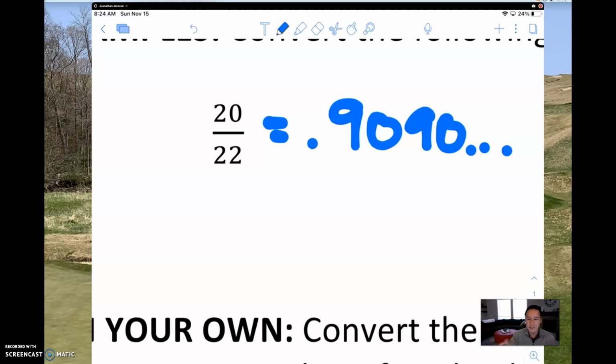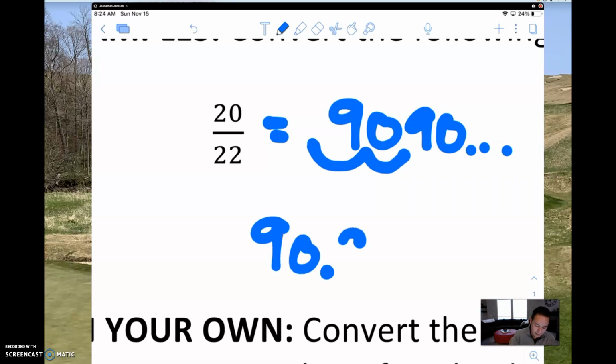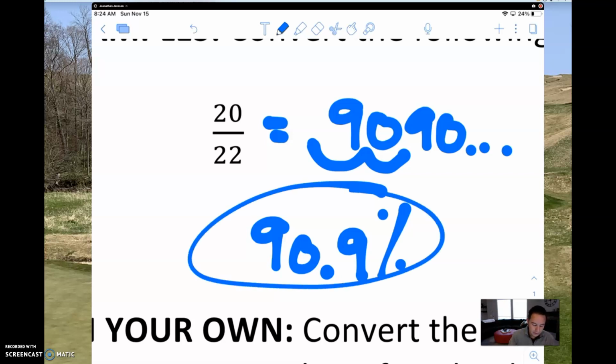And remember, to turn a decimal into a percent, all we have to do is move that decimal 2 places. And so that becomes 90.9%. We're going to round things to 1 decimal point here, so 1 number after the decimal if needed. So I bet if most of you got a 90 or 91% on the test, you'd be pretty happy with it. 20 out of 22 is a pretty good score.